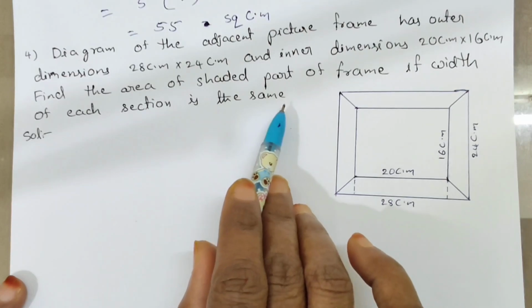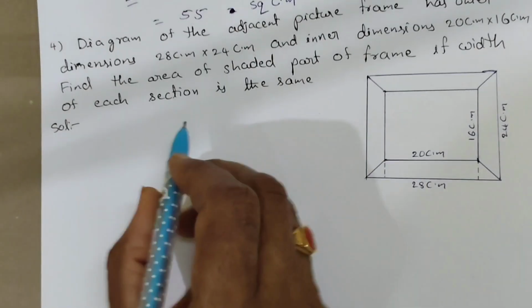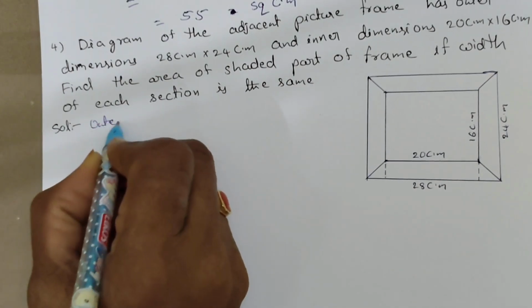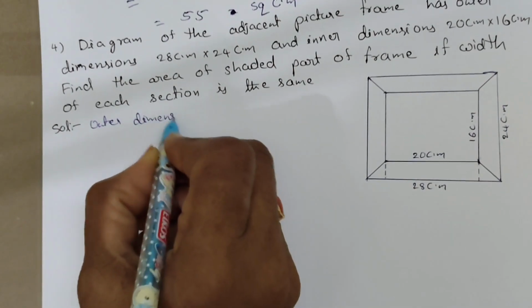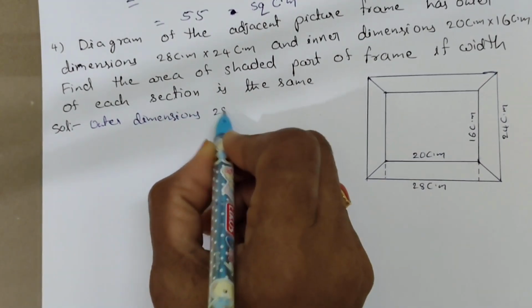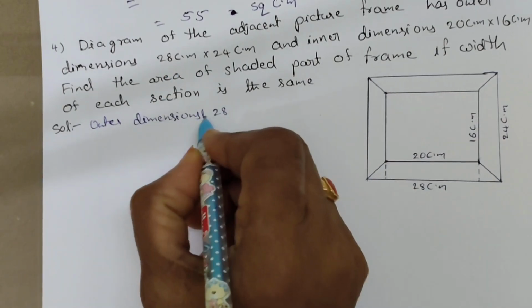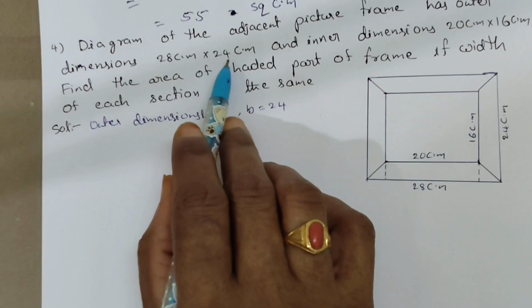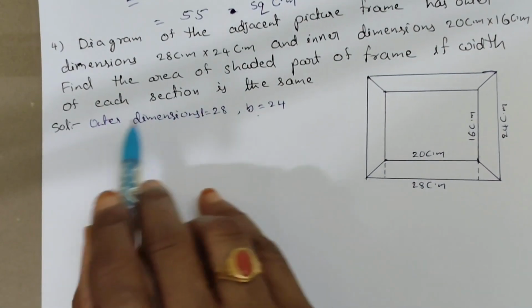So here, each section width. First we write the outer dimensions: 28 is the length and breadth equal to 24 centimeters. 28 into 24, length and breadth. This is the outer.